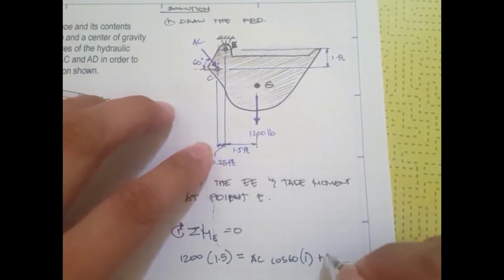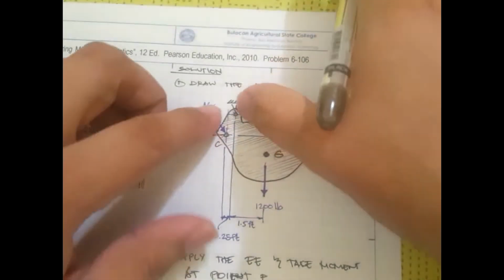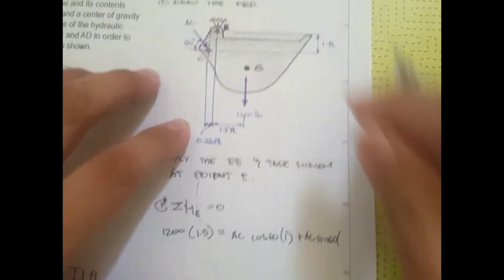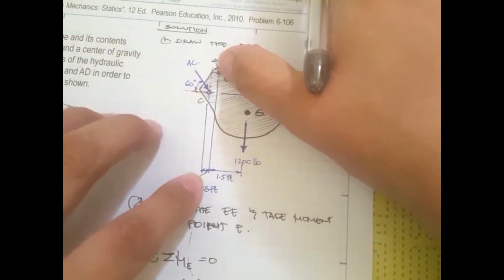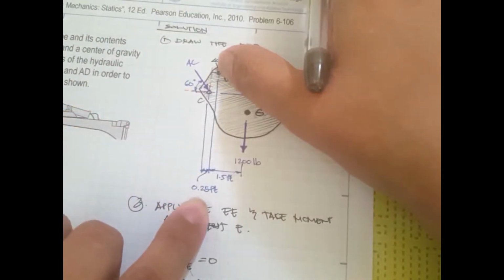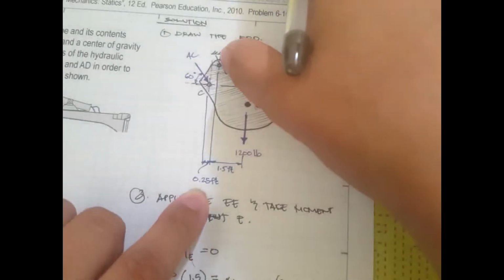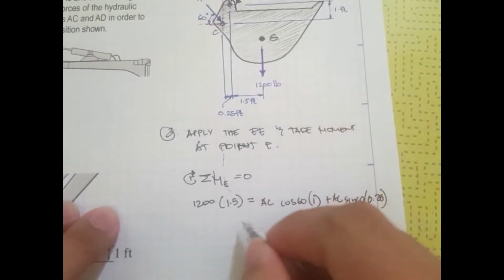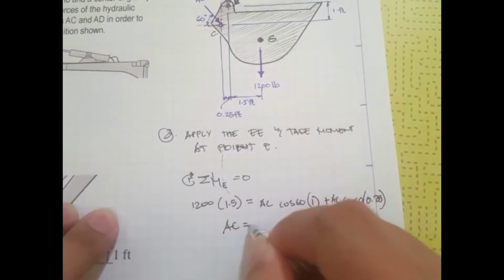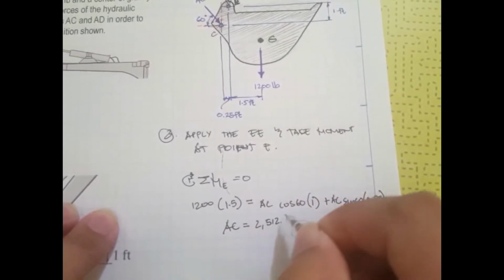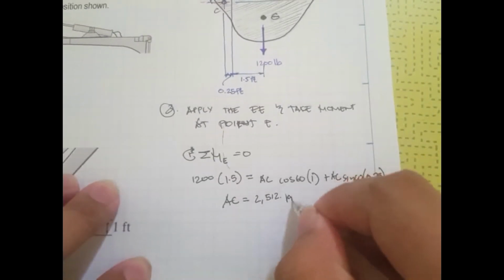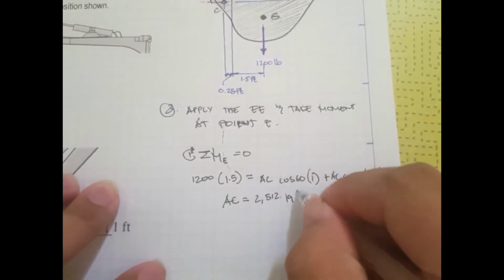Okay, so plus AC, the vertical component, AC sine 60 times the perpendicular distance 0.25. Okay, so if you do the math, what you get is 2,512.19 pounds.